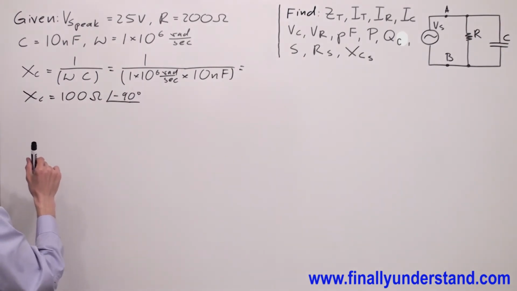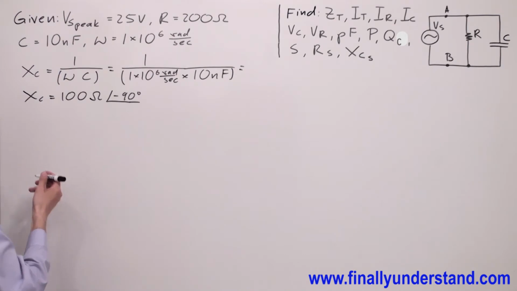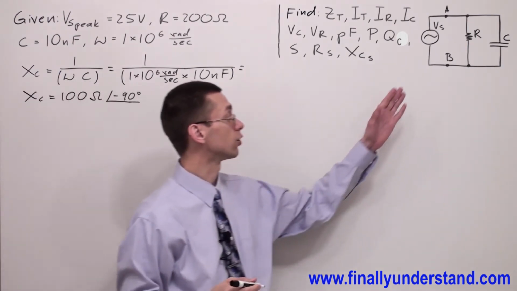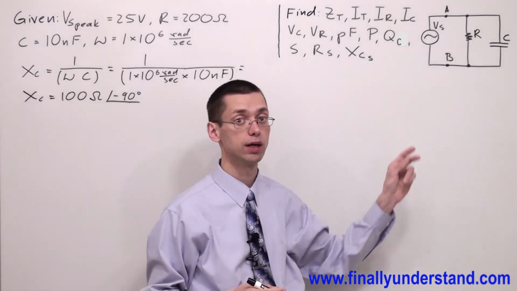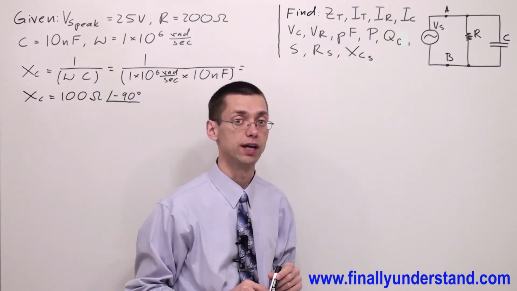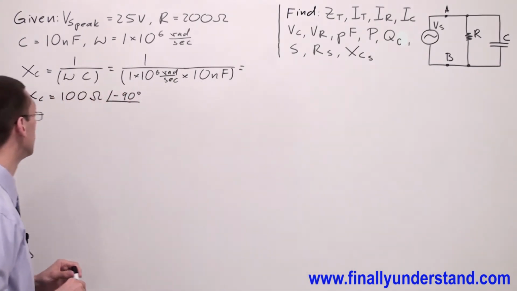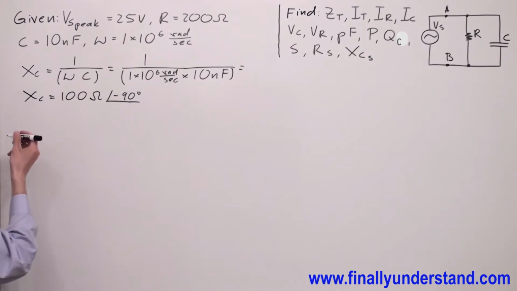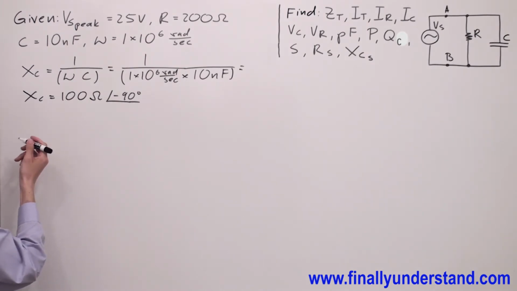Next, we're supposed to find Z total. Please notice that we are talking about the parallel circuit and we have two components connected in parallel. So it means that I can use the formula called product over the sum.